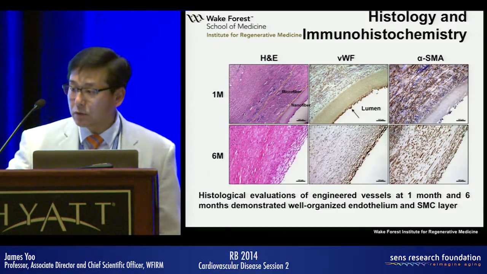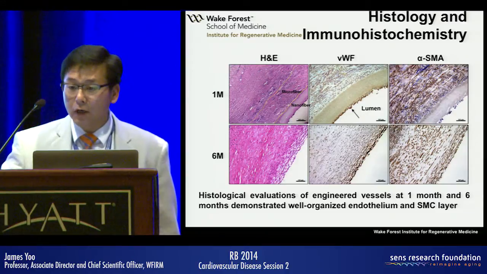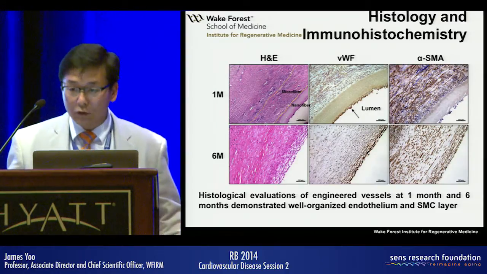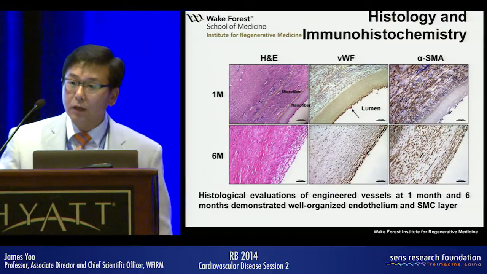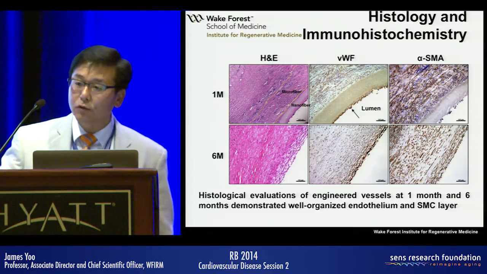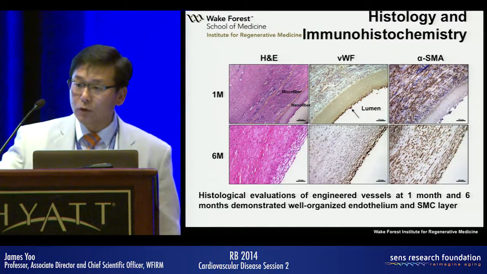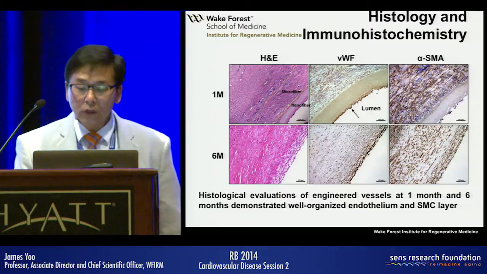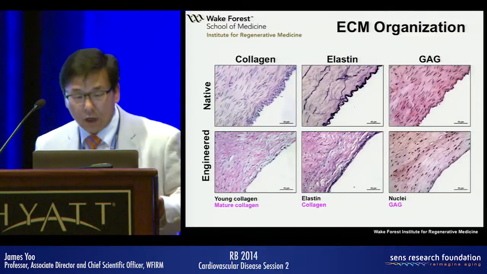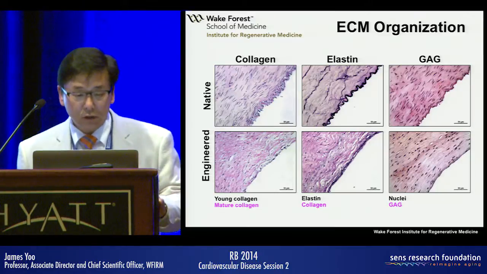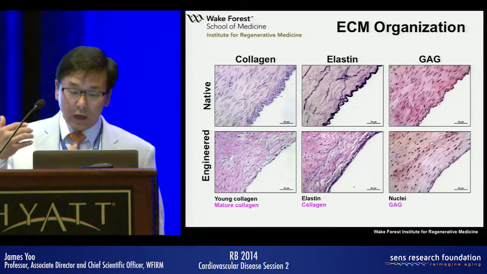Now, polycaprolactone has a longer time of degradation, but it would go away in about 2 years. So it is a very good material if you want your scaffold system to last longer to ensure that the tissue is functional. We have also confirmed that their ECM organization was similar to native tissue.